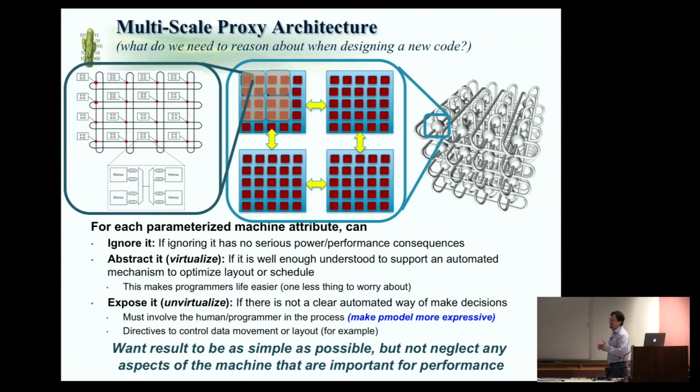There are a lot of aspects of the machine that matter for performance, but not that much. They're only worth 2 or 3%. So maybe there are a lot of things about the machine that you can ignore because they don't have a huge performance or power consequence. It used to be that we ignored data locality. We pretended that every processor in the machine was equidistant.